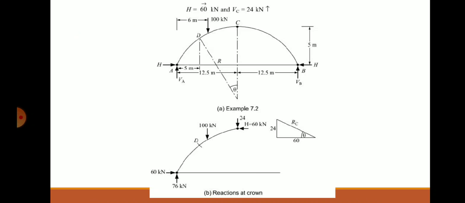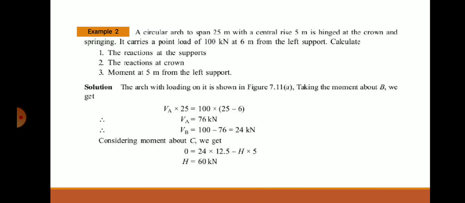So, you can go for the support B side. V_A into 12.5 minus H into 5 is equal to 0. If you solve that, H is 60 kilonewton. So, the first part of the solution, the support reactions, is done.